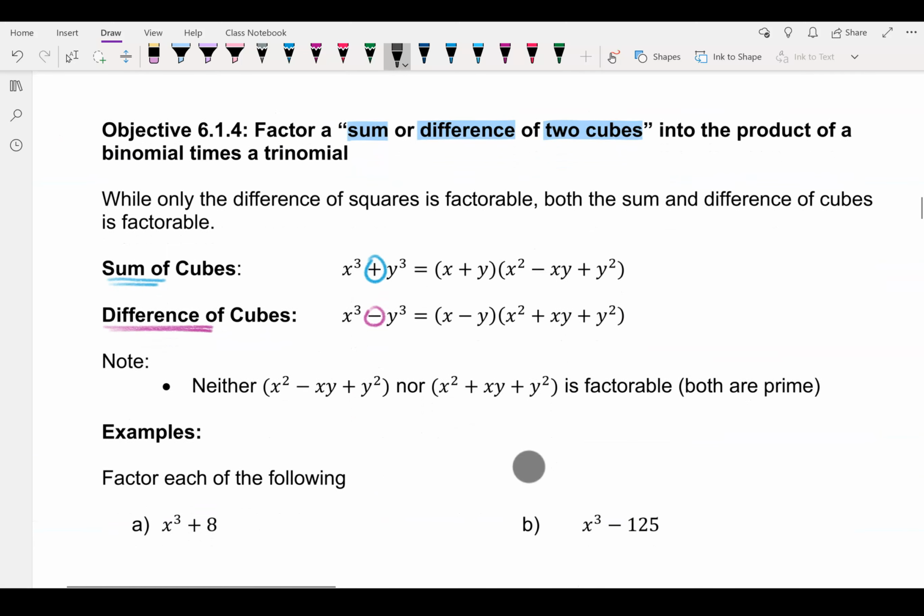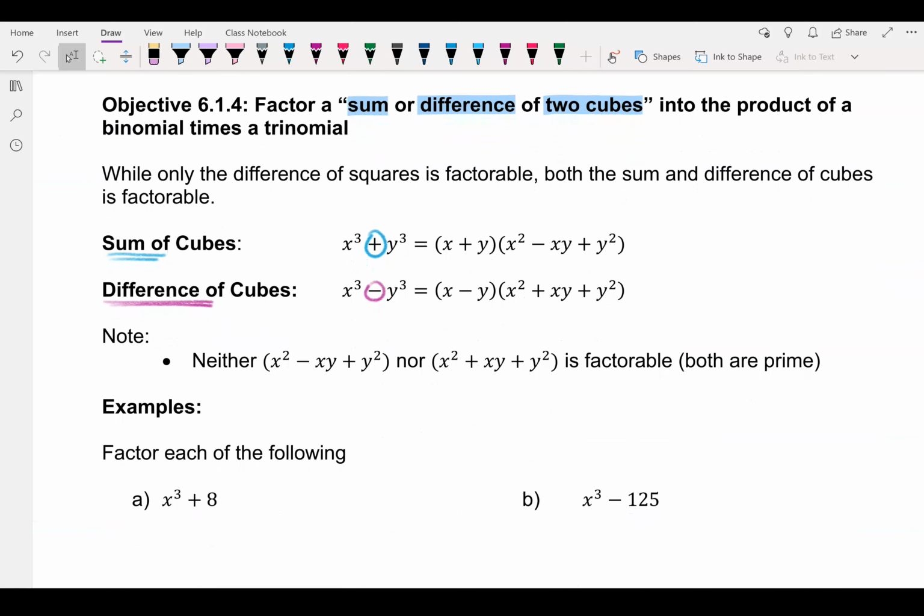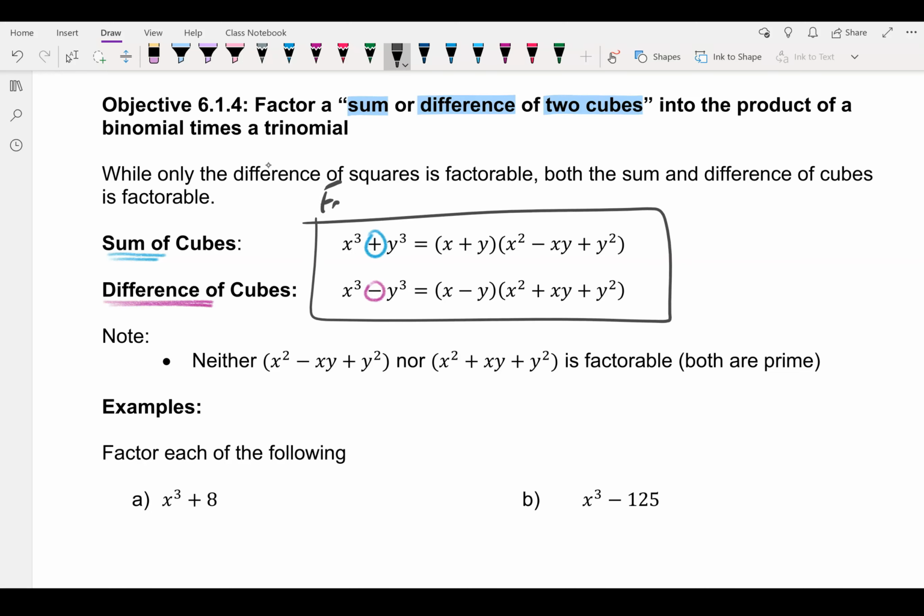So, sum and difference of cubes. These are our rules, or formulas. These would be given if this was a regular semester and a regular test. They're pretty easy to use. They're similar to the difference of squares formula, but there's a little pattern you should notice.